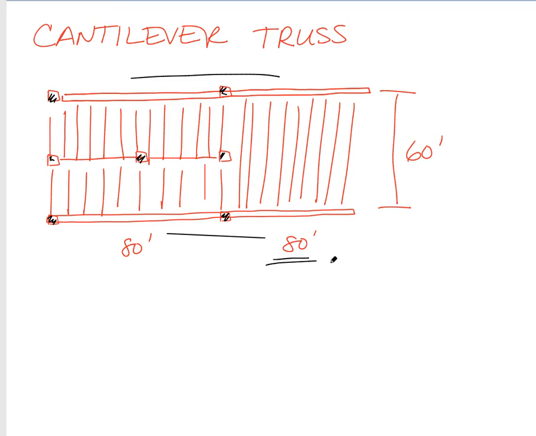That's the cantilevered span. So for the S over D, it could be anywhere from 3 to 4, so we'll use 4. That would tell us that the depth would have to be 80 feet over 4. So very deep truss here that we're going to need to be able to do this.